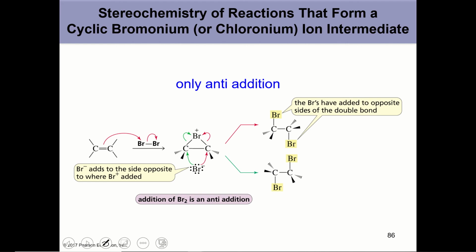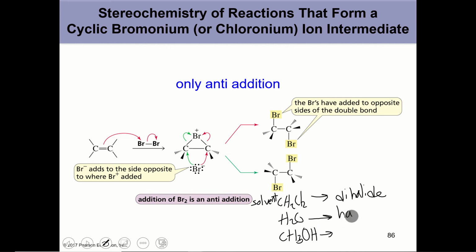When we have reactions where we are using Br2 or Cl2 as a reagent and we go through a halonium ion intermediate, the products of these reactions, whether we have CH2Cl2 as a solvent, which is inert and just gives us the dihalide, or whether the solvent is water or methanol, for example, and this produces the halohydrin.